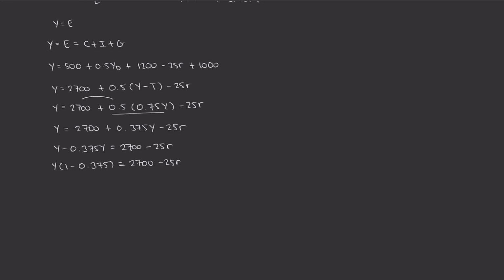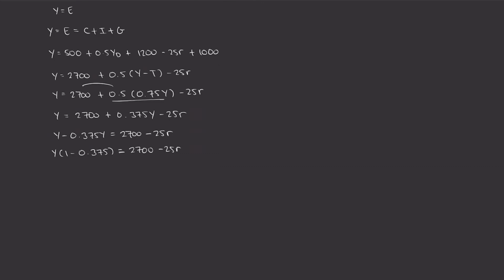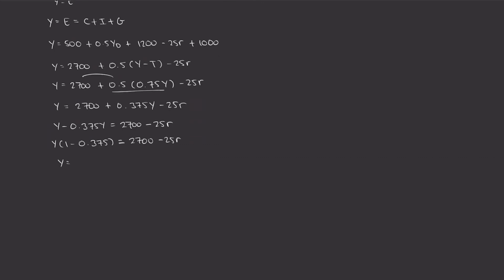Now what I'm going to do is a little bit confusing, but it'll make sense after I explain it. I'm going to put y by itself and do a little bit of this, and then a little bit of that. Right, okay. Here's another thing I need to explain.